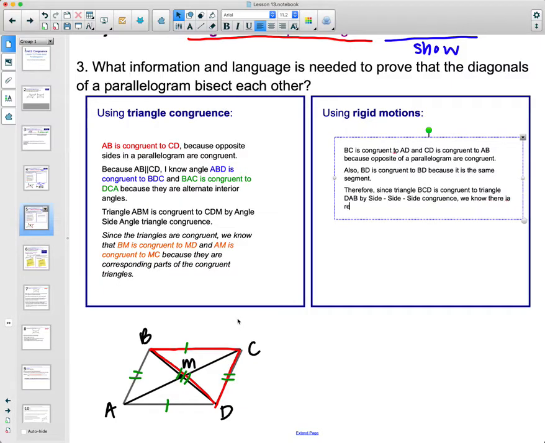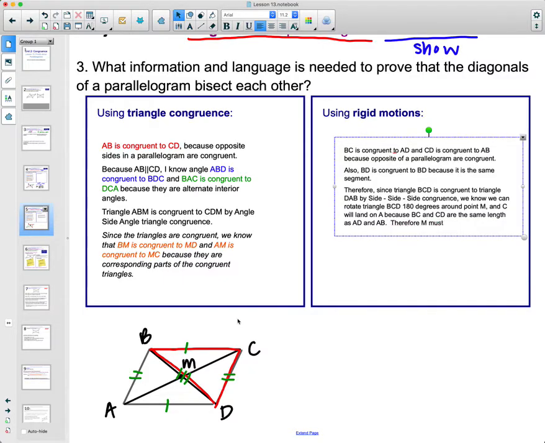We know there is a rigid motion. So we know we can rotate triangle BCD 180 degrees around point M, and C will land on A because BC and CD are the same length as AD and AB.